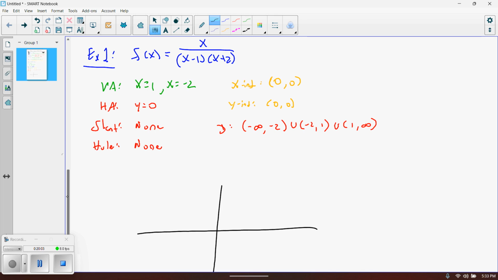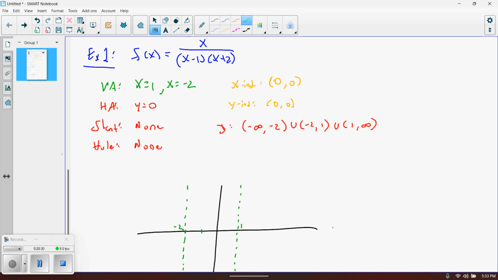Okay, so you want to start off probably by sketching your vertical and your horizontal asymptotes. So I have a vertical asymptote at x equals 1. We'll say that this is x equals 1, and the way we draw that is a dashed line. We have one at x equals -2. So if that's 1, then that's -2. So we have a vertical line there.